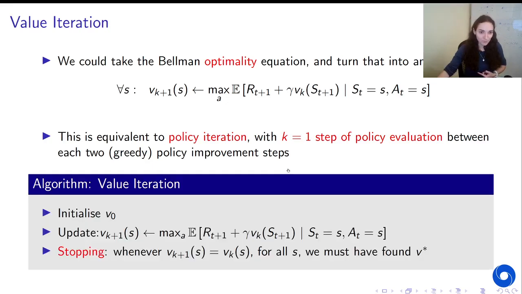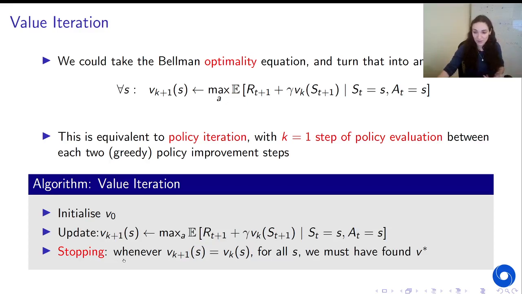Okay, and this is the actual algorithm. We initialize as before, randomly or at 0, and then we update, not according to the expected value under the policy we're trying to evaluate, because we don't have a policy here that we're evaluating. We're just taking the max with respect to what's going to happen in the next step.